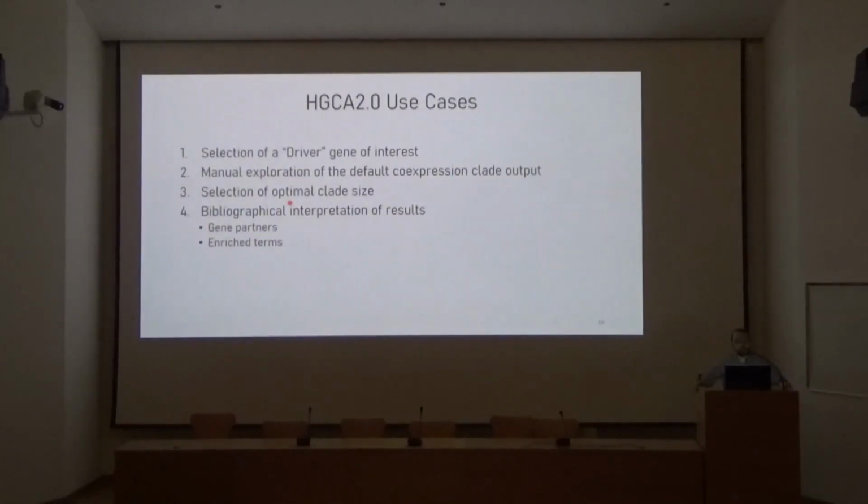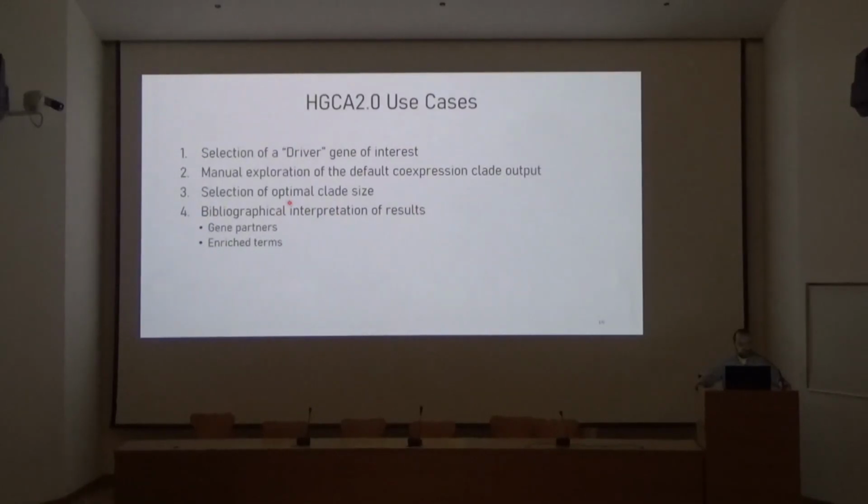So, since we've mentioned how the website was created and how it works, it's time to move on to some of the results and some of the use cases we tested on HGCA2. To do that, first we select a driver gene of interest, we input it to HGCA2, and we perform a manual exploration of the default co-expression output. To do that, we increase or decrease the clade in order to find the optimal gene clade.